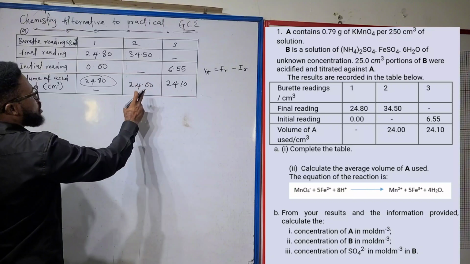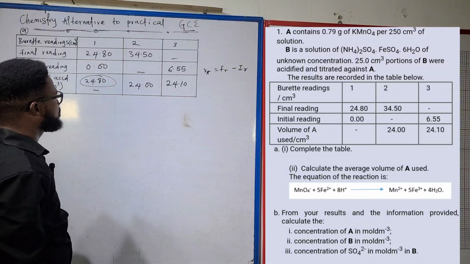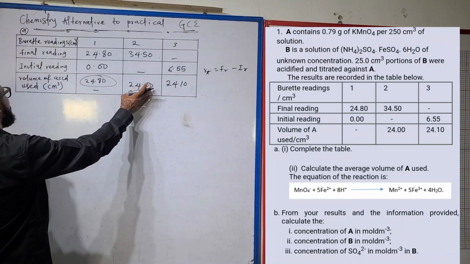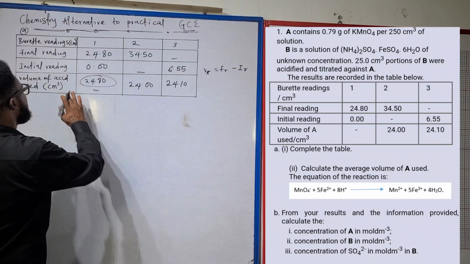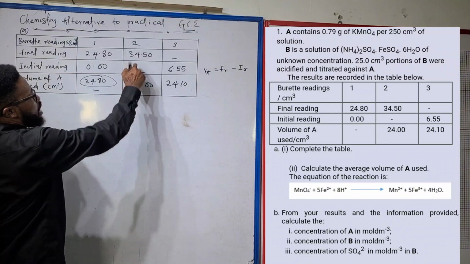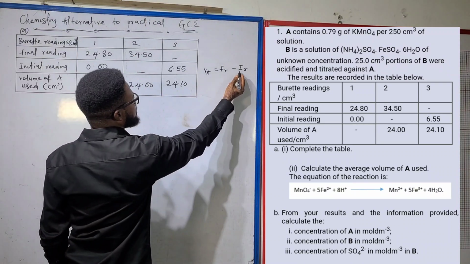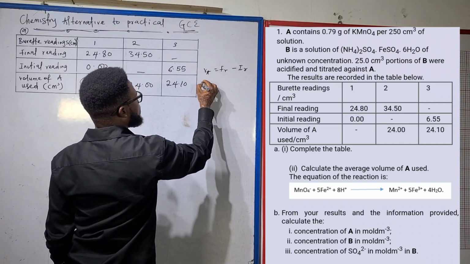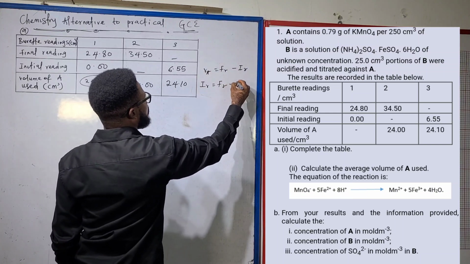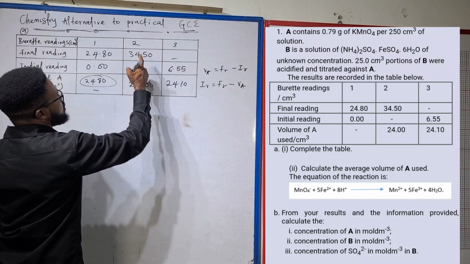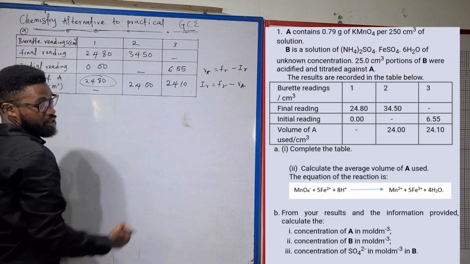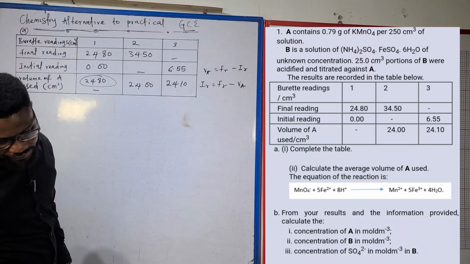Now, for me to have 24 as the volume of A used, not volume of acid, volume of A used, that means my initial burette reading moves here, the final burette reading remains, and the volume of A comes here. So 35.50 take away 24, you're going to have 10.50 there.